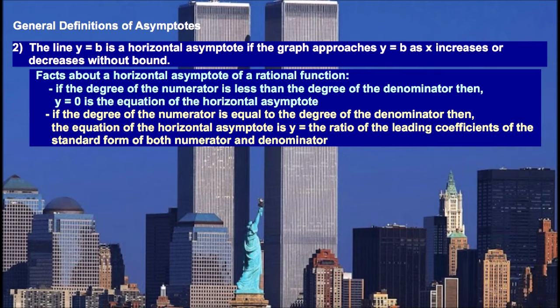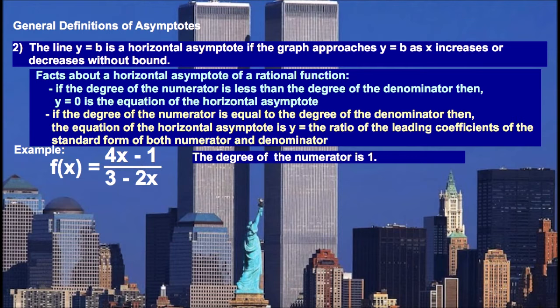If the degree of the numerator is equal to the degree of the denominator, then the equation of the horizontal asymptote is y equals the ratio of the leading coefficients of the standard form of both numerator and denominator. Example: f of x equals 4x minus 1 divided by 3 minus 2x.